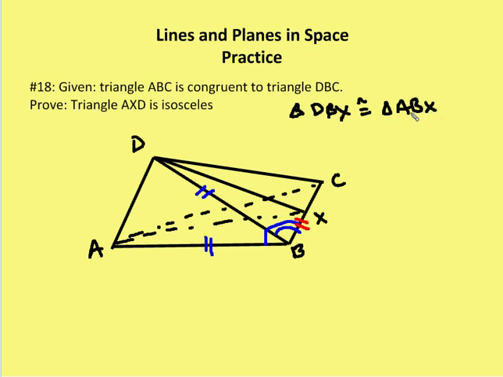And because DBX is congruent to ABX, I have AX congruent to DX. All right, so if I have ABX congruent to DBX, then AX is congruent to DX. If AX is congruent to DX, then I know that AXD is isosceles.